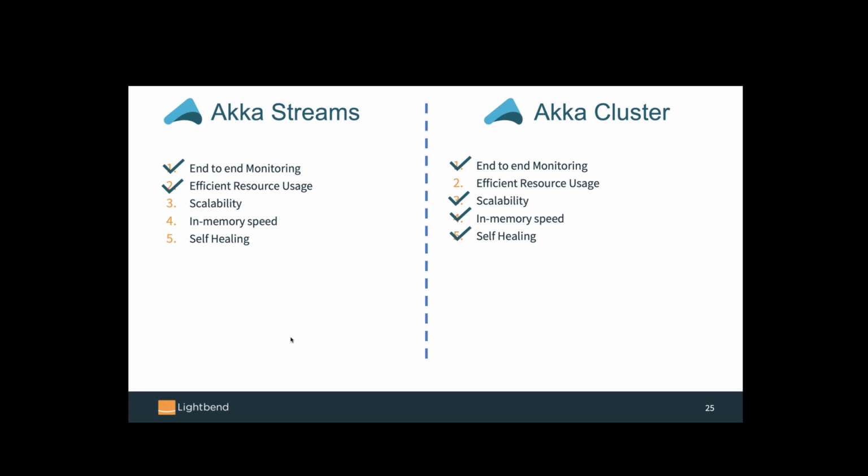It gives you in-memory speed of the data that you're working with, especially when you have durable state, something like user information as opposed to just messages. And number 5, self-healing. In the cases when we have network partitions and we lose a bunch of nodes, Akka cluster is able to keep your application stable. In the case where bugs or hardware failures or whatever could happen, Akka clustering is the piece that keeps all of these nodes coordinated and running consistently.